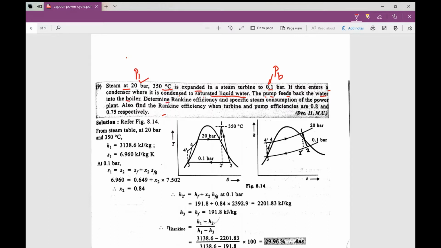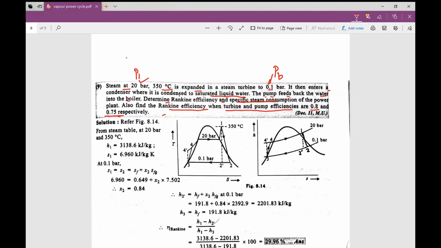Determine the Rankine efficiency and specific steam consumption, SSC, or we call it steam rate also, of the power plant. Also find the Rankine efficiency when turbine and pump efficiencies are 0.8 and 0.75 respectively.